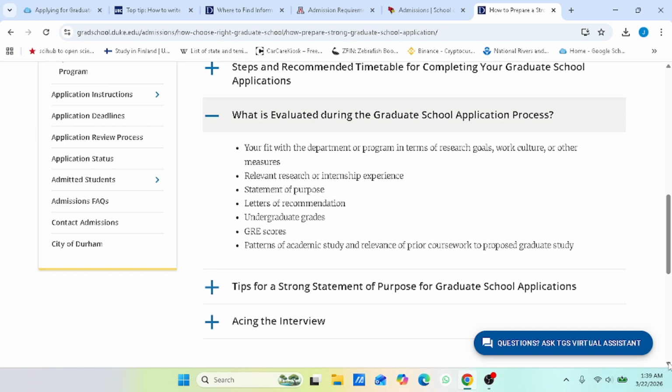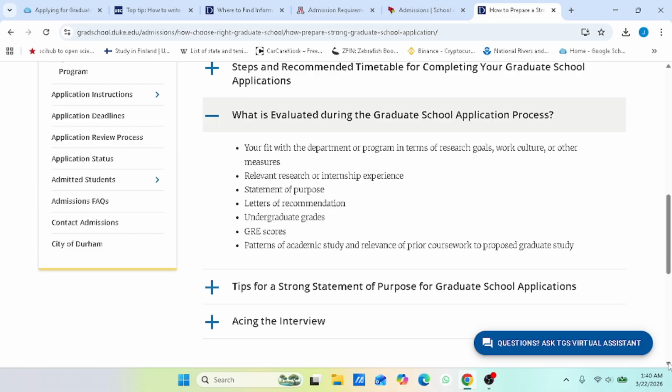It doesn't say you must have publications, but at least you must have an idea of what research entails, an idea of what it means by study design, an idea of what it means by research instruments, an idea of what it means by data collection and data analysis. Number 3, statement of purpose. Number 4, letters of recommendation from suitable people.